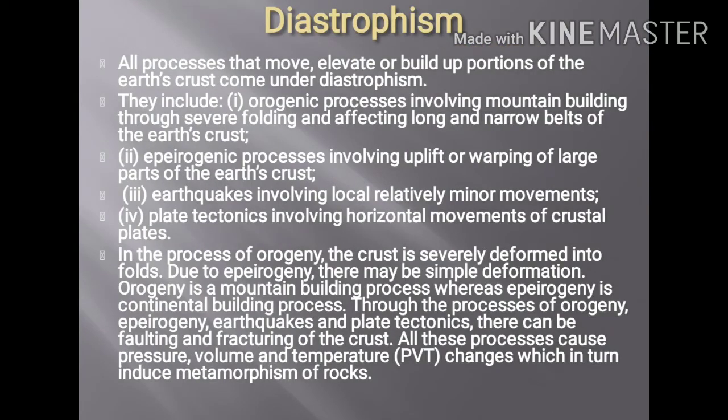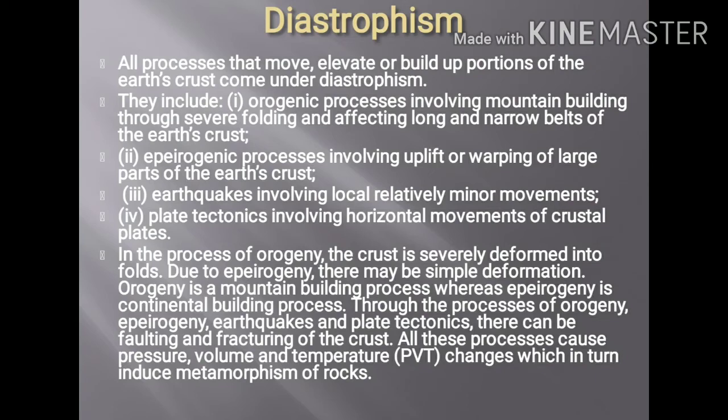First one is diastrophism. All processes that move, elevate or build up portions of the earth crust come under diastrophism. They include orogenic processes, epeirogenic processes, earthquakes and plate tectonics. Orogenic processes involve mountain building. The word oro means mountain.